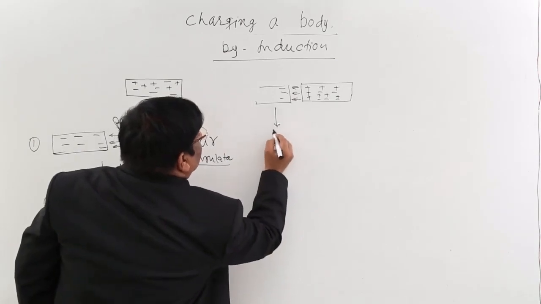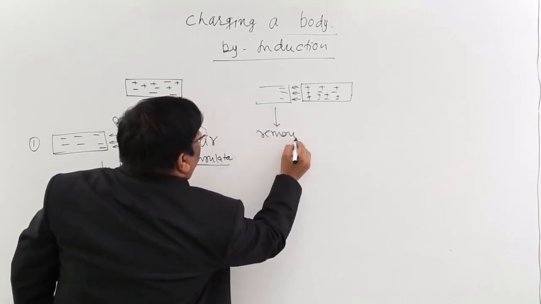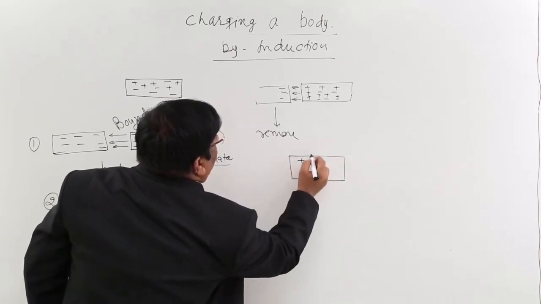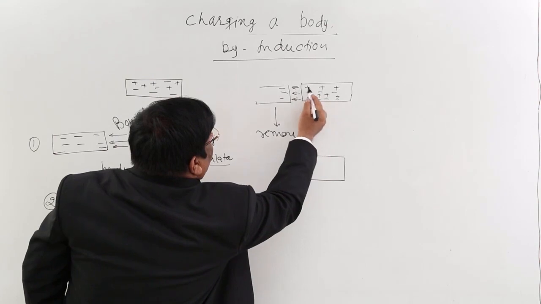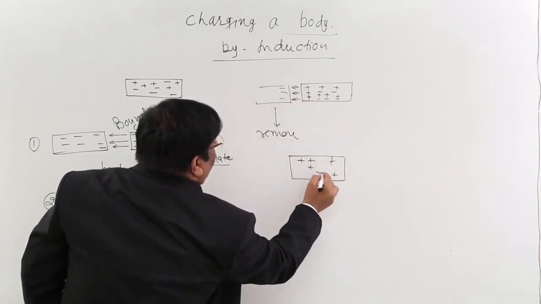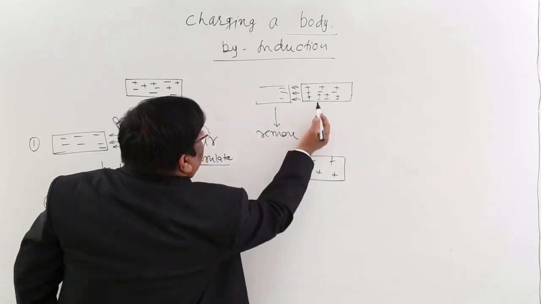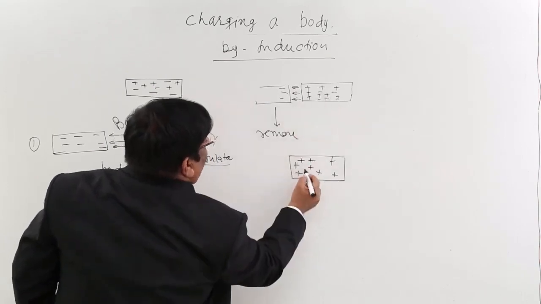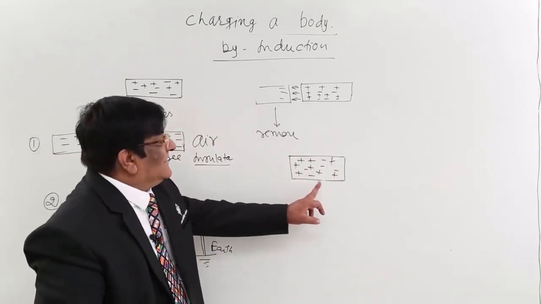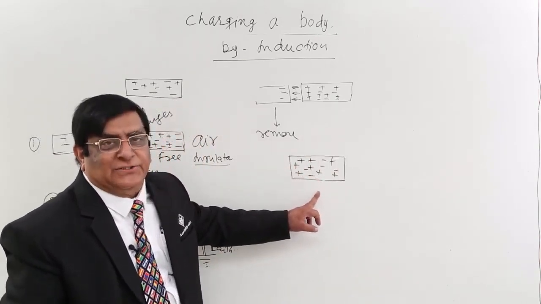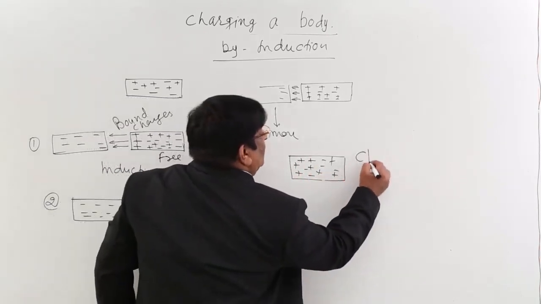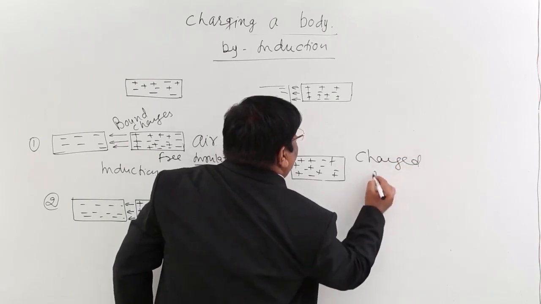When we remove this, what we find is that this body is now 1, 2, 3, 4, 5, 6, 7, 8 and 1, 2, 3, 4, 5, and they keep on moving. But is it now a neutral body or a charged body? Answer, there are excess positive charges. So this is now a charged body.